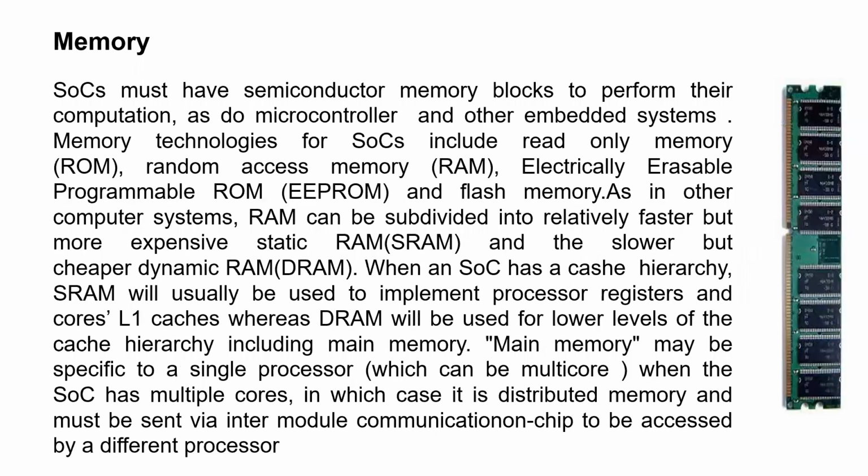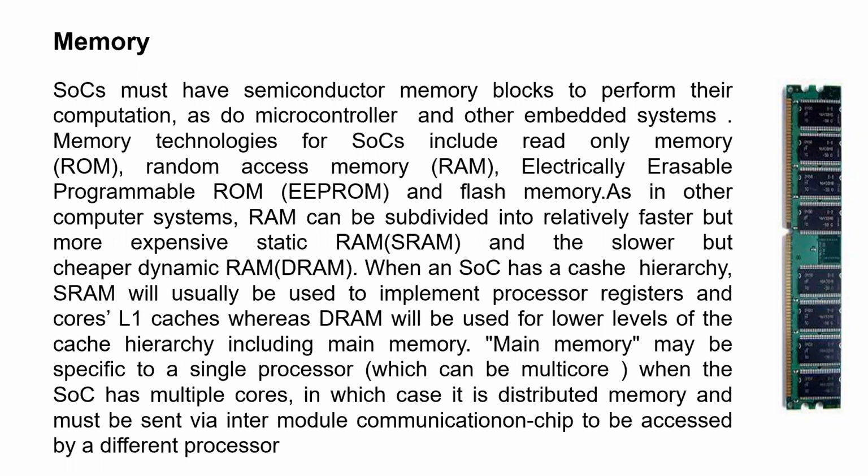Now let us go to the next component of the system on chip, and that is the memory. As we have seen, semiconductor memories are used obviously for storage, and they are also used for performing computation. Intermediate results and data may be stored there.